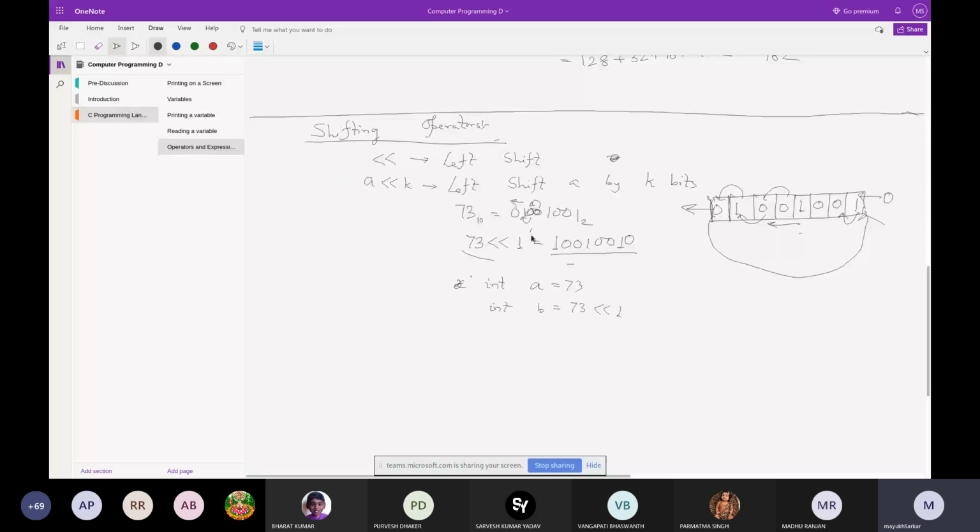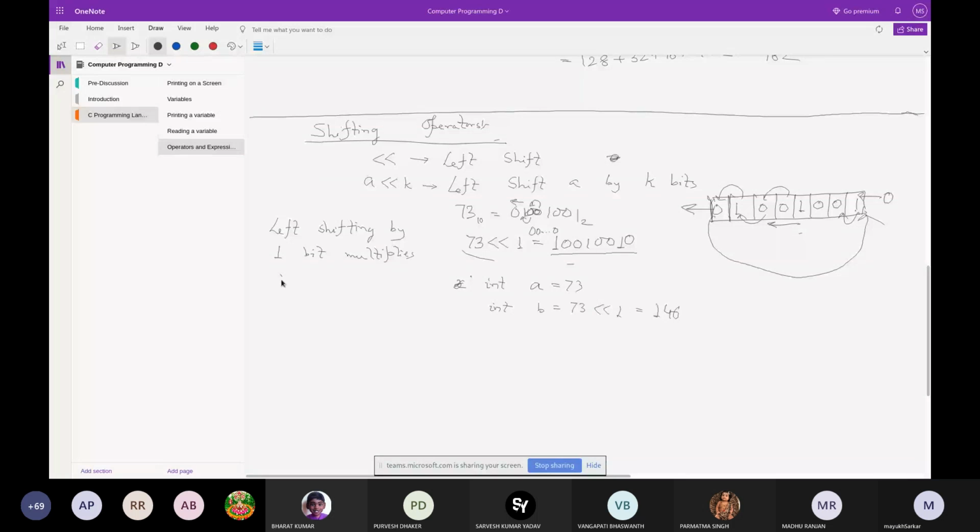You do not need to evaluate this. Left shifting by one bit always multiplies by 2, so you'll get 146. This is a very important point, remember: left shifting by one bit multiplies with 2.